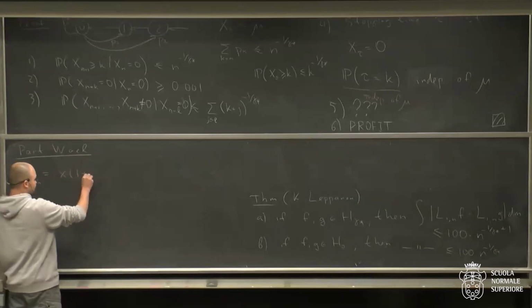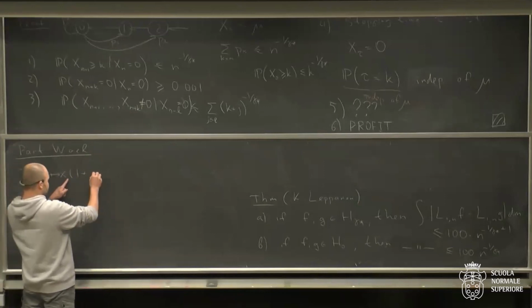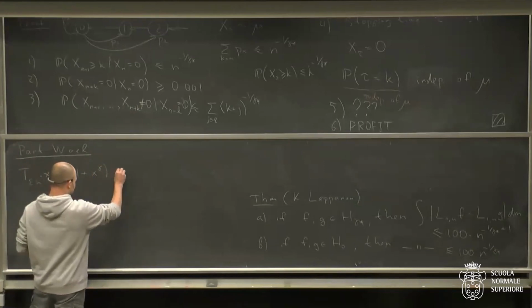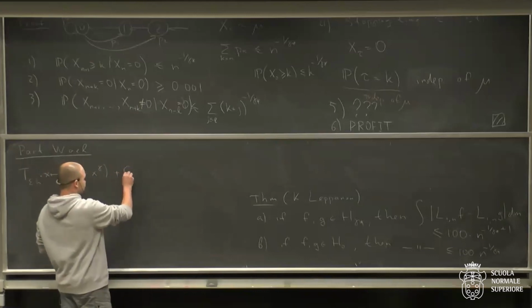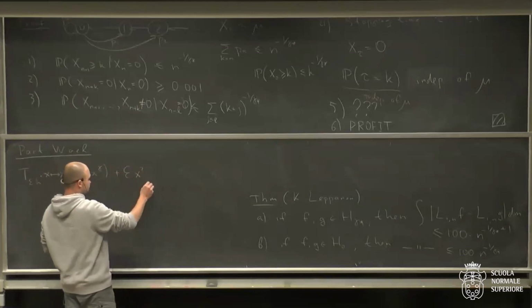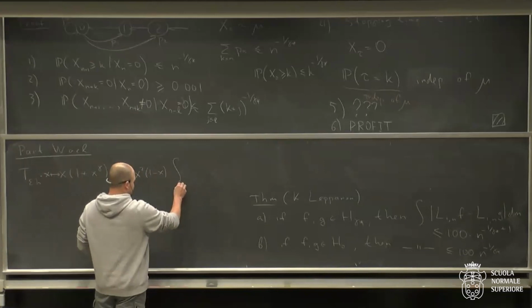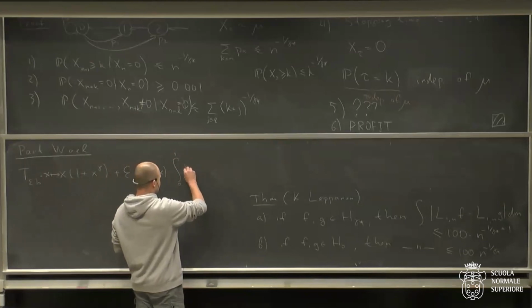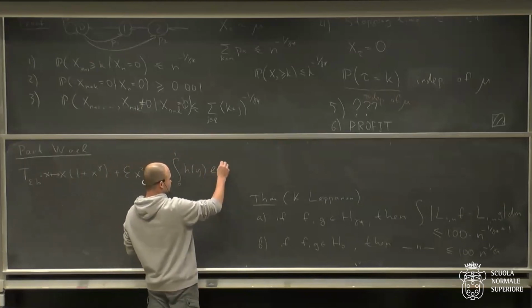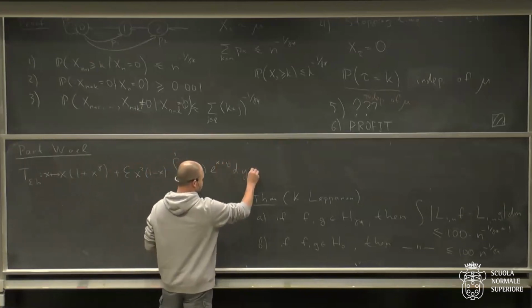I fix gamma and I let the map, depending on h, send x into x times 1 plus x to gamma, plus something, say epsilon x squared 1 minus x times the integral of h of y e to the x plus y dy.